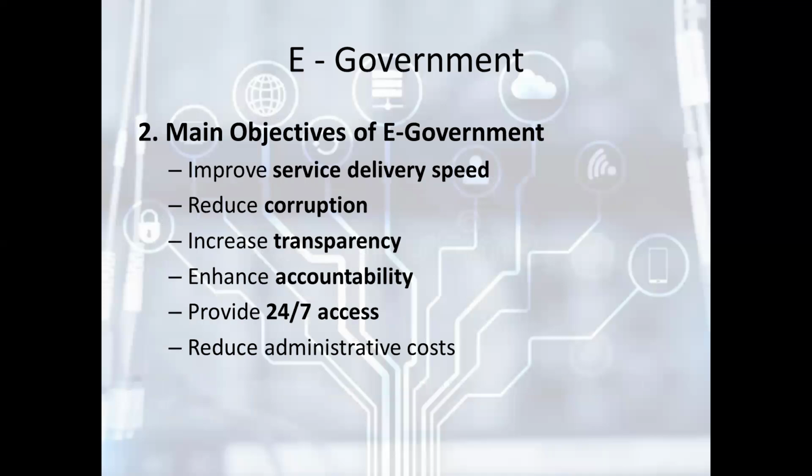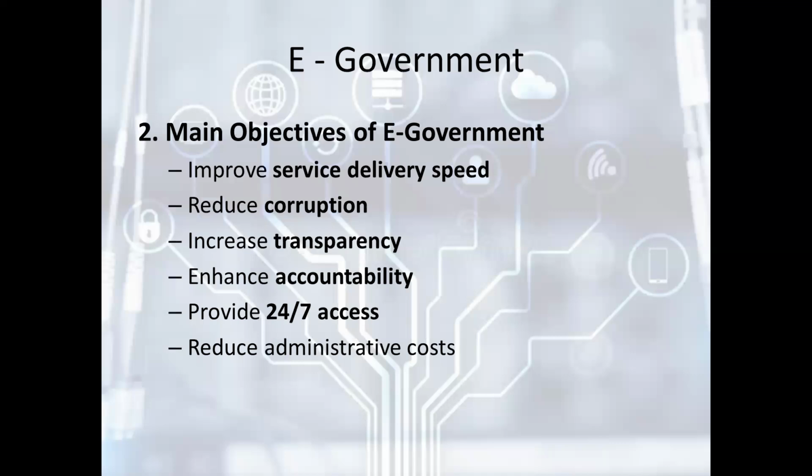Okay. What are the main objectives of e-government? Improve service delivery speed. Previously, when we paid electricity bills manually, we had to wait in a queue, go one by one, and do the bill payment. It takes a long time, and it takes transport time.